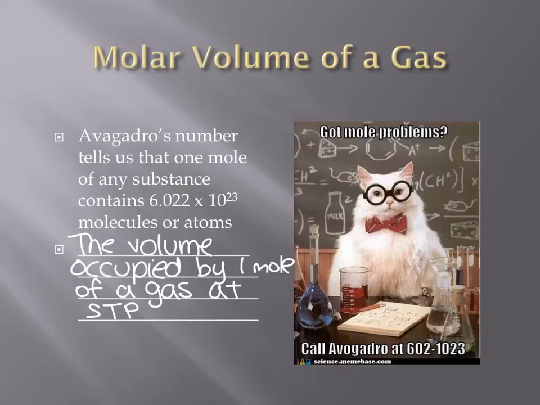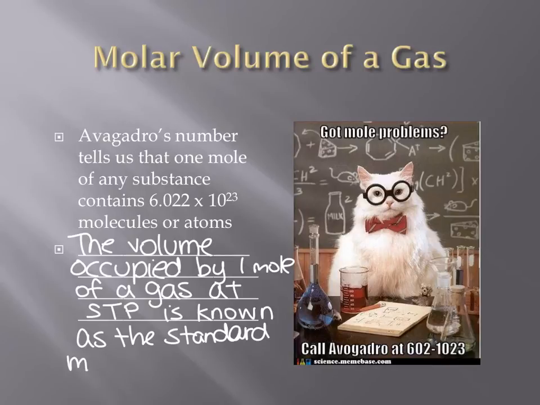Well, what are the units? At 273 Kelvin and 1 ATM. So the volume occupied by 1 mole of gas at 1 ATM and 273 Kelvin is known as the standard molar volume of a gas.